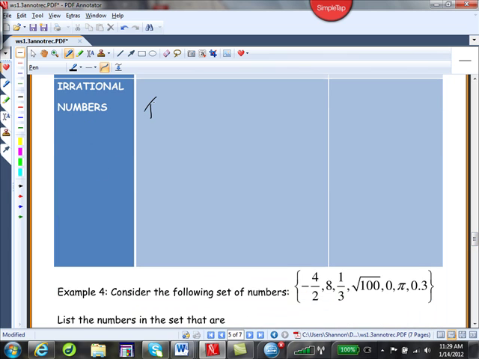All right, irrational numbers. Let's write this one in words. The set of all numbers which are not rational numbers.